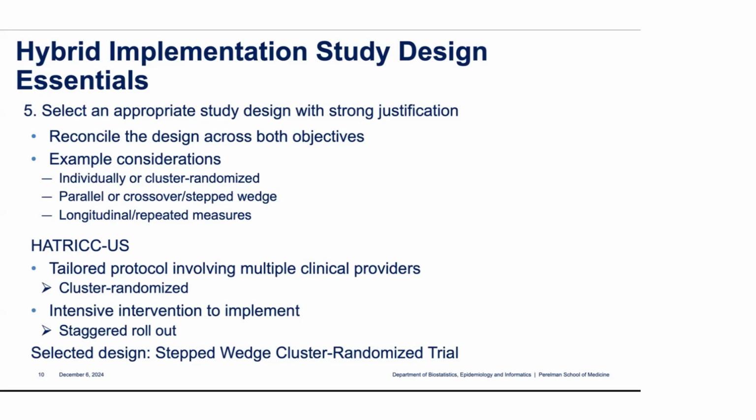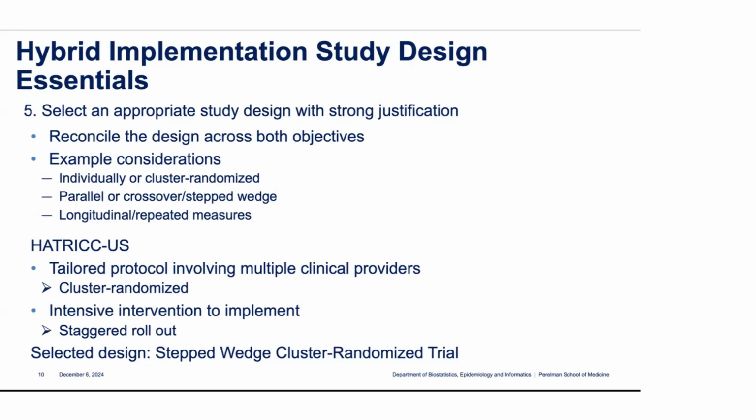And then we also need to consider if our design will have longitudinal or repeated measures. And so these are some aspects that go into selecting the experimental design that's used to address our study questions, right?